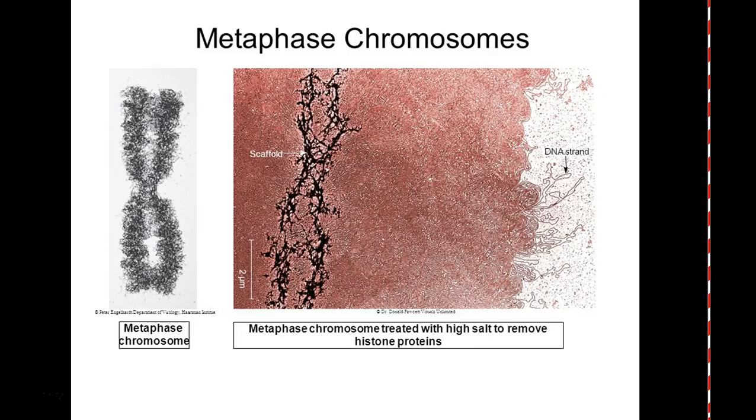So pretty much sodium chloride was able to disassemble this compacted chromatin into naked DNA, and the histones were displaced from the chromatin, so we end up with the naked DNA and some fraction of the chromatin that was left.